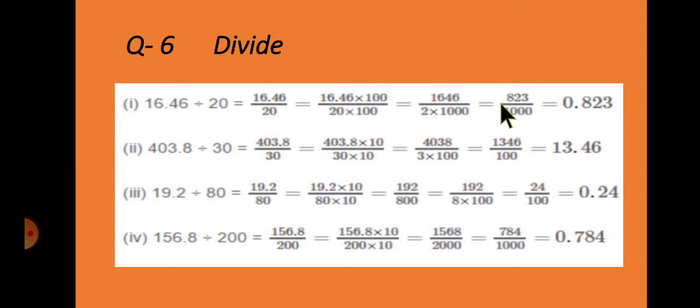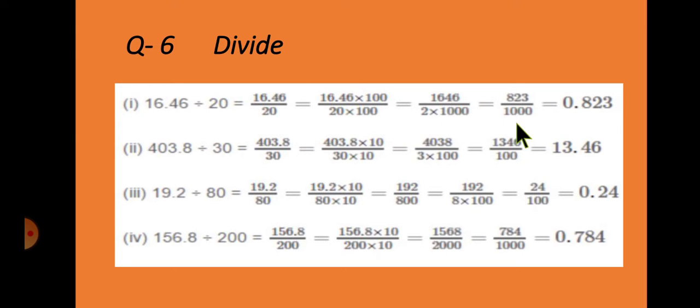2 8s are 16, 2 2s are 4 and 2 3s are 6. We will keep the 10 separately and we will divide: 2 8s are 16, 2 2s are 4 and 2 3s are 6. So we will get 823 when we divide 1646 by 2.